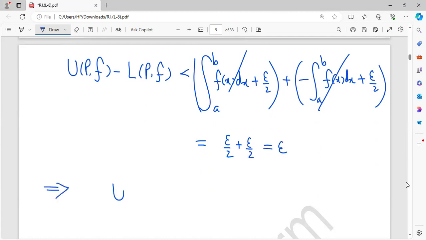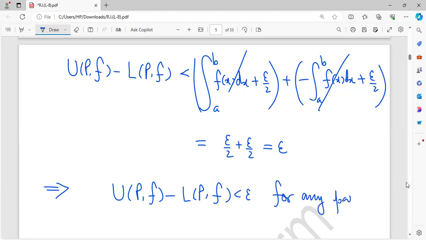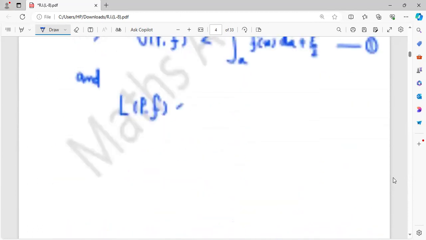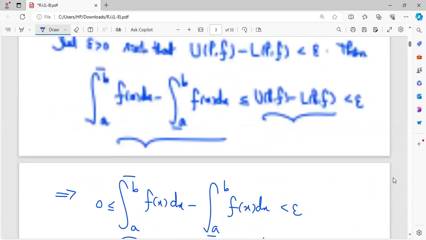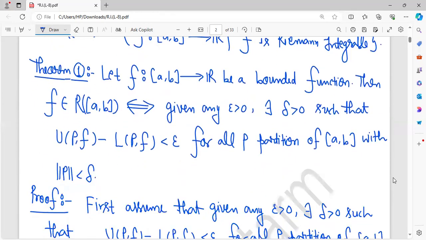So this implies U(P,f) minus L(P,f) is less than epsilon for any partition P of [a,b] with norm of P less than delta. So this theorem is proved.